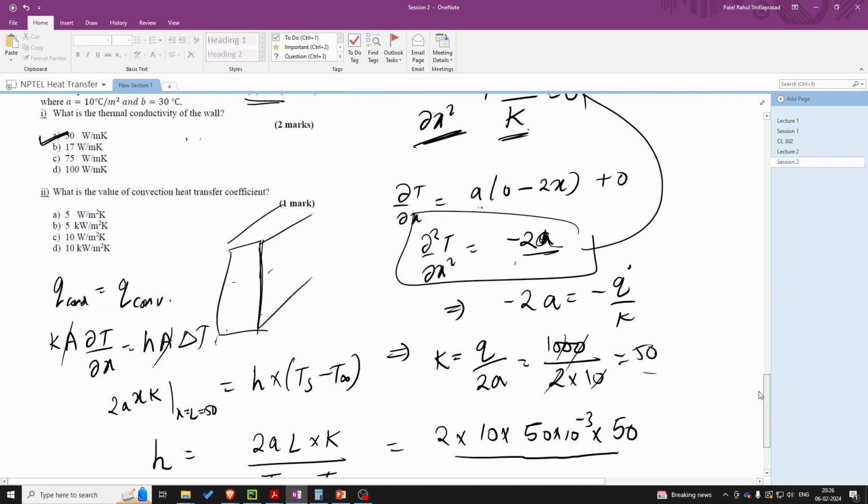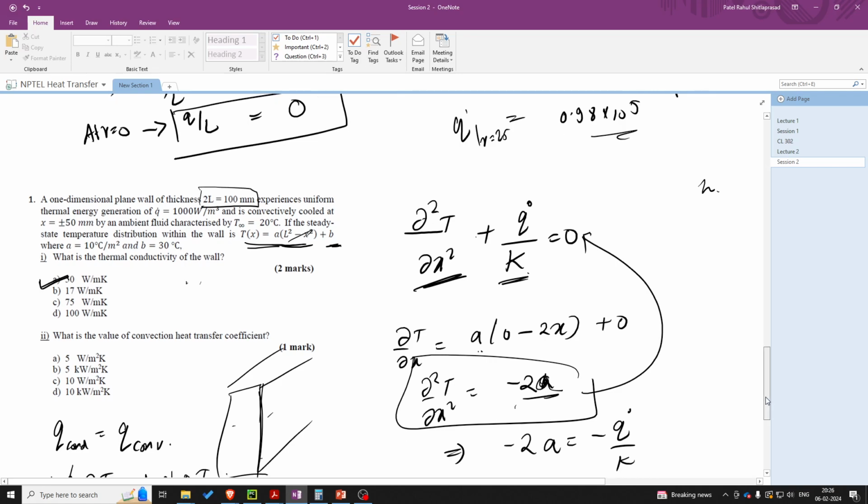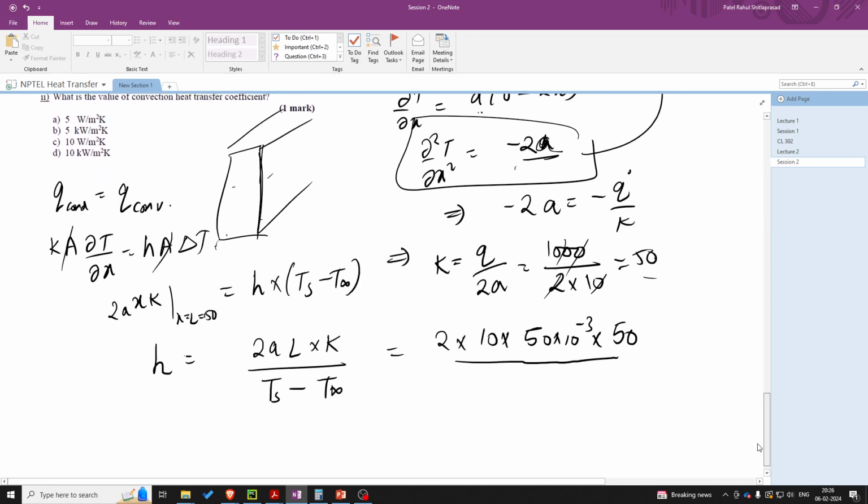So temperature we need to find over here. So temperature of the surface will become, you can just put x equal to L, so this term will get cancelled out. It will basically be B. Temperature at surface will be B, that is 30 degrees Celsius, and the ambient temperature we have been given as 20 degrees Celsius.